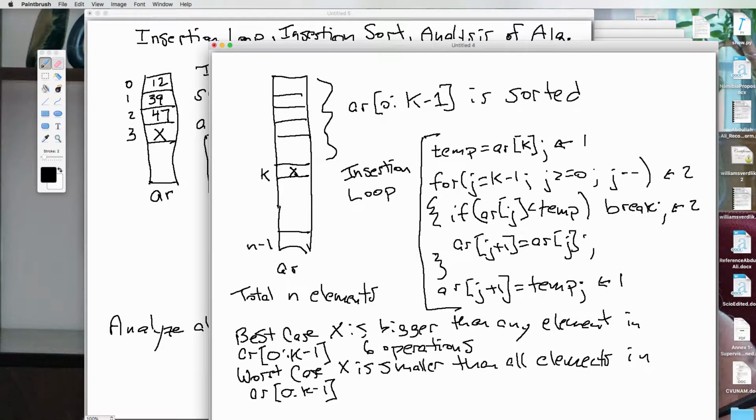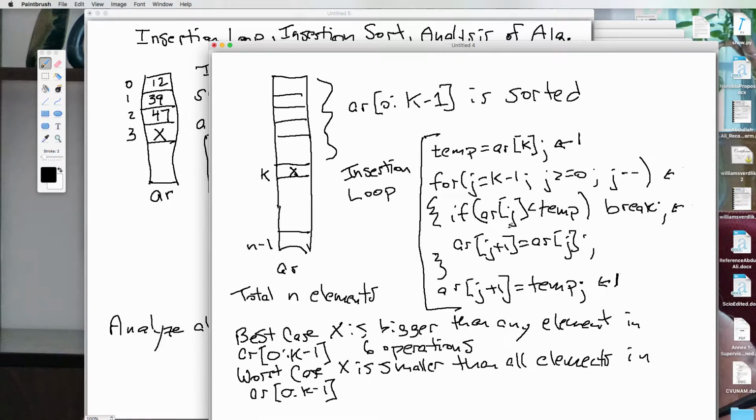Okay, so let me come over here and erase what we've written up here. All right, so let's pay attention here. First of all, we know that we're going to do this once. And we know that we're going to do this once. Okay? What about this statement over here? How many assignment statements are we going to do here?